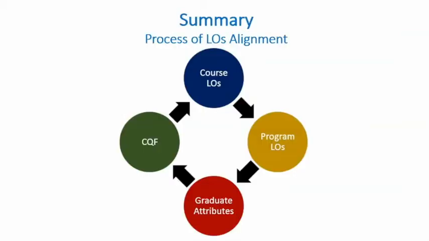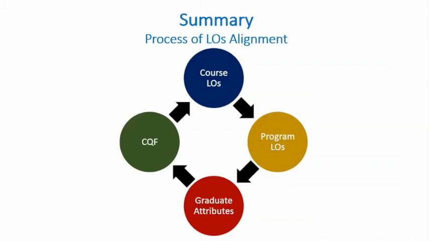In summary, to systematically design learning outcomes alignment, each level of learning outcomes needs to be clearly prescribed, and those who involve in developing each level of learning outcomes need to clearly understand all levels of outcomes to make them coherent.